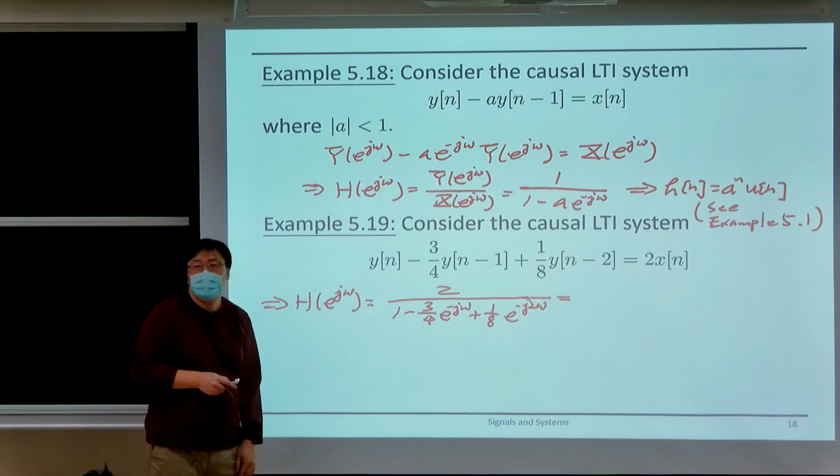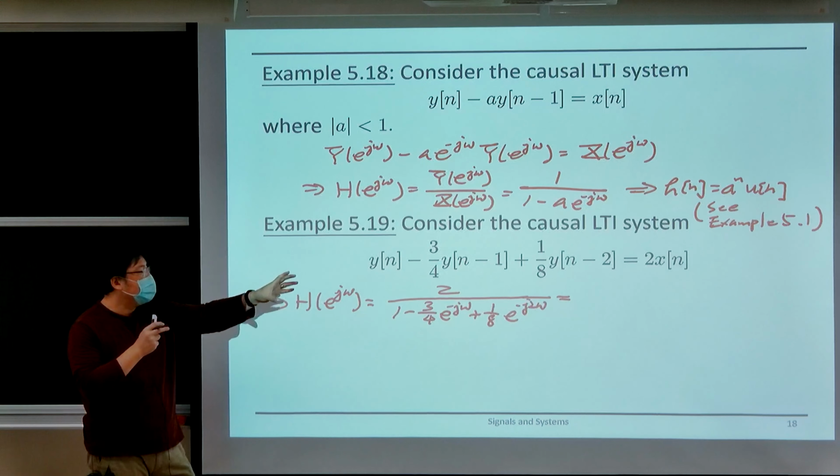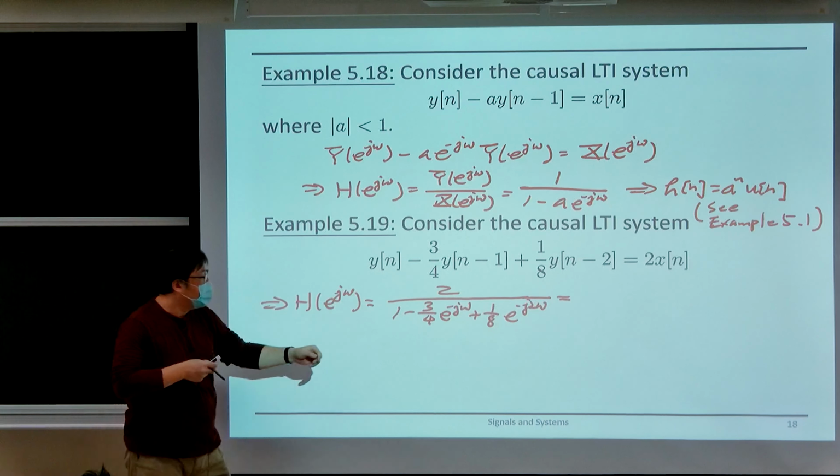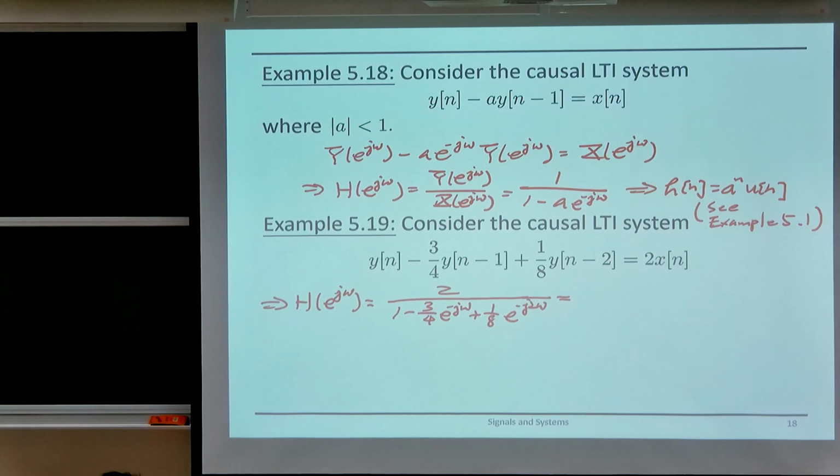So again, we try to relate to what we did in continuous time. What we can do is write this denominator as the product of two terms. One is 1 minus 1/2 e to the minus j omega, and the other is 1 minus 1 over 4 e to the minus j omega, and 2 in the numerator.